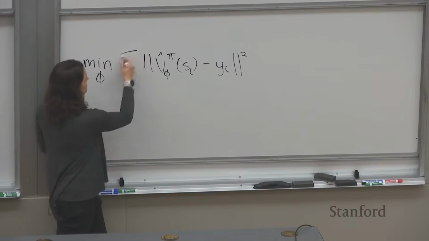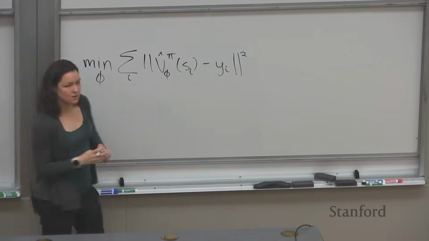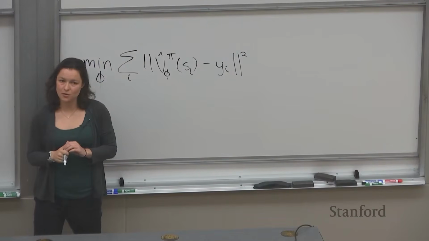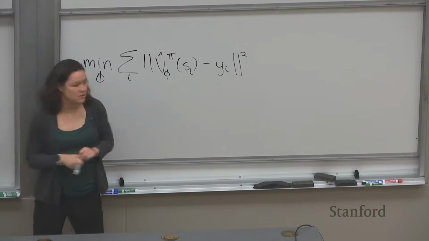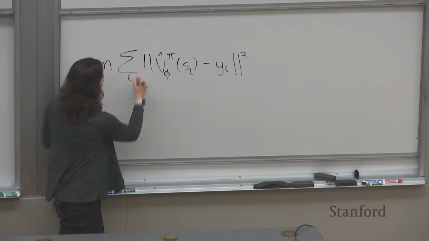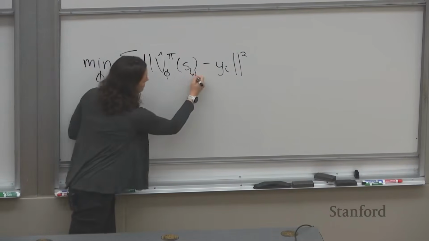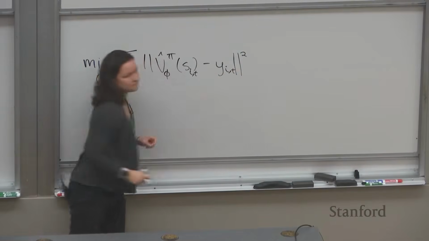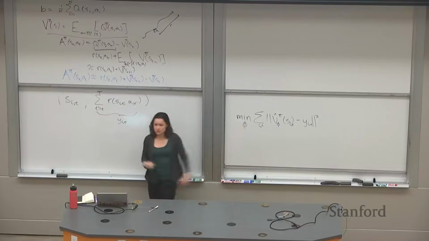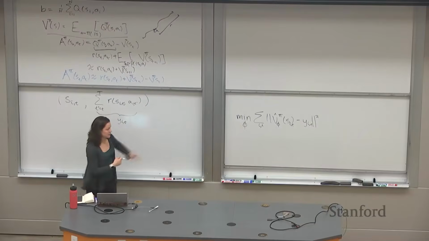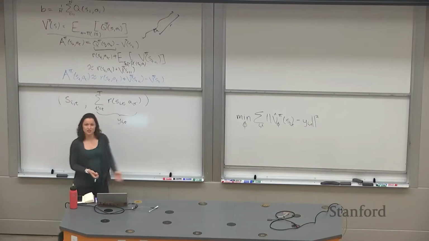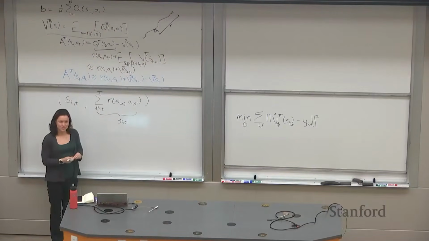And you'll do this for all of the data points in your data set. This can also be a sum over i and t, just for completeness. That will be the objective, and you can run gradient descent on this objective to fit a value function on your data.